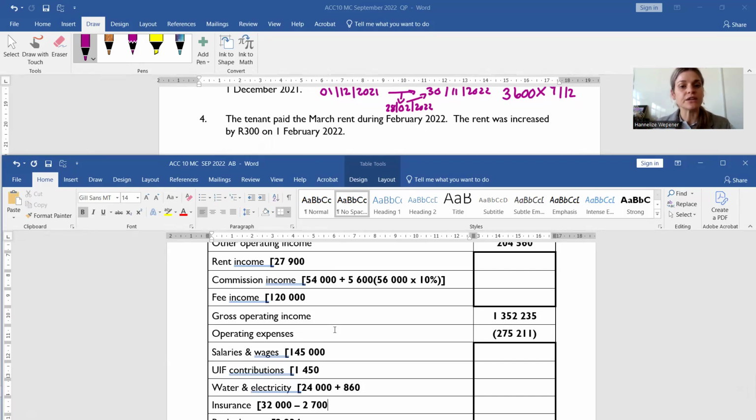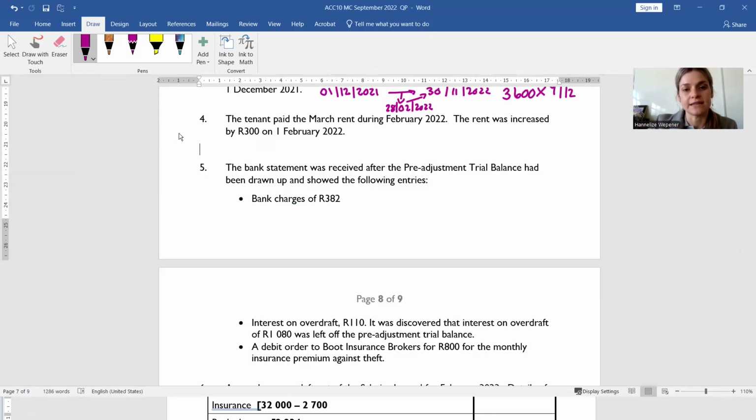And after you then recorded all of these receipts for the year and March, that all added up to 27,900. So that 27,900 consisted of 12 months that you received the rent for, but we don't know what the rent is.